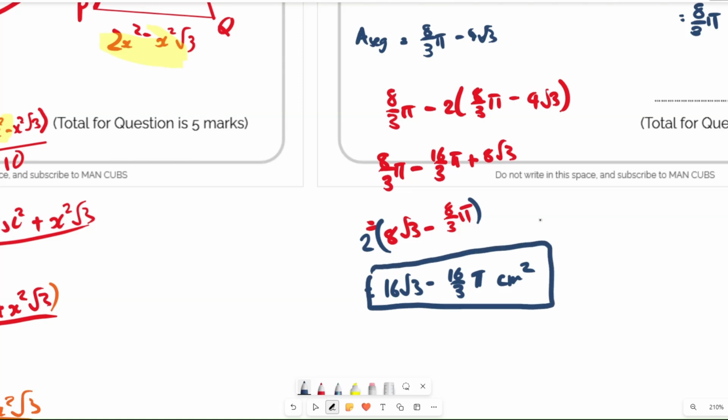That is our final answer if I am correct. Let me just double check with the mark scheme, and we are right.